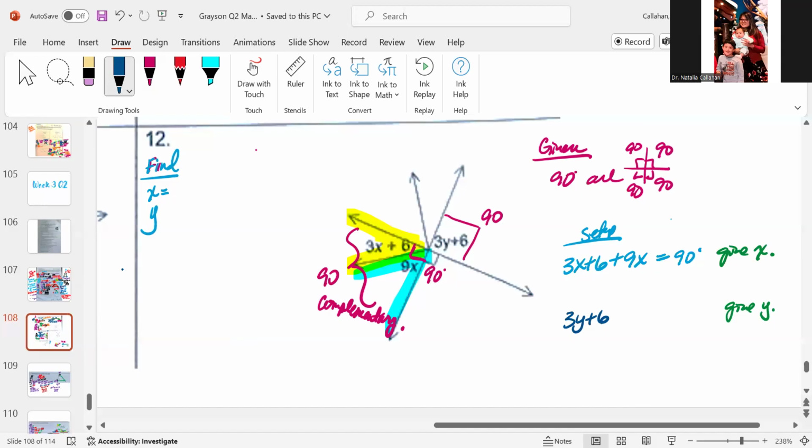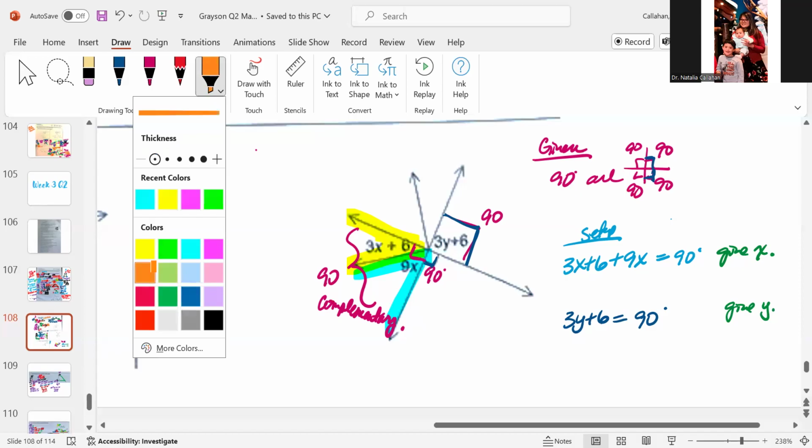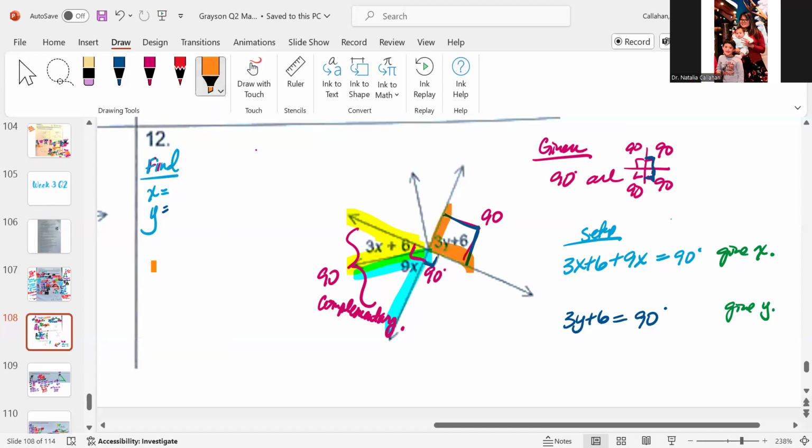Did I just tell you that if this angle right here is 90 degrees, this angle is also 90? If this angle here is 90, what is this angle right here? So what does that equal? There you go. That's how you find Y. Does that make sense? Now, once you find it here, you plug into all the angles. The angle that I'm talking about is the orange, yellow angle, orange angle, which I already know is 90. Blue angle. Do you understand?